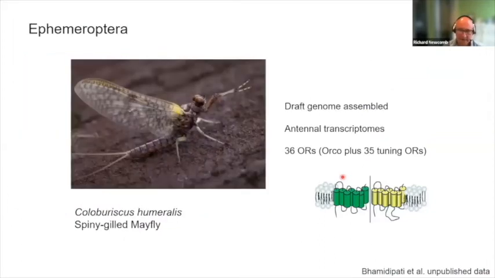This has been a PhD project of another student to look at the genome of the mayfly, in this case the spiny-gilled mayfly, a native New Zealand mayfly. This has a reasonable number of odorant receptors in its genome, including an orco as well.